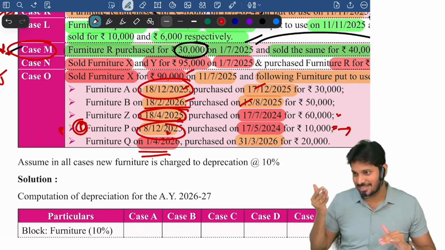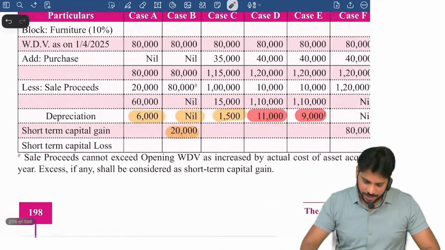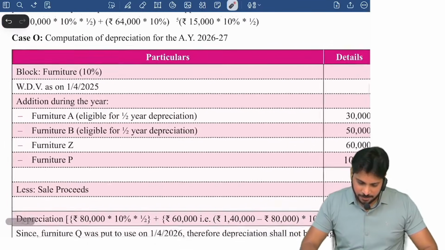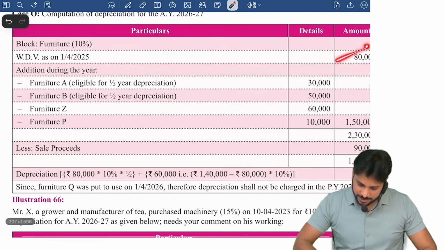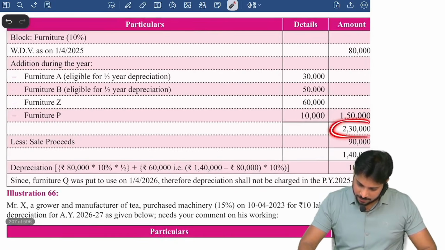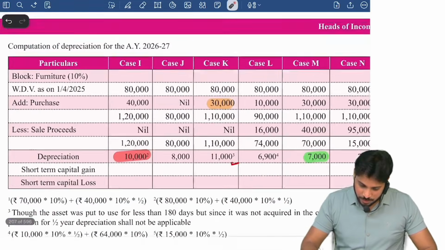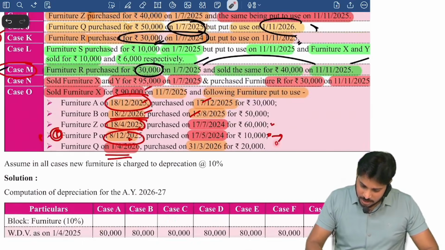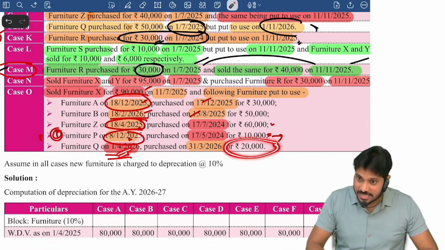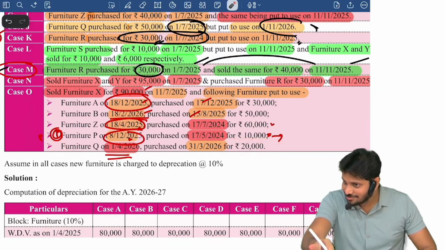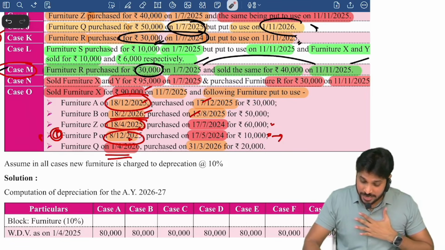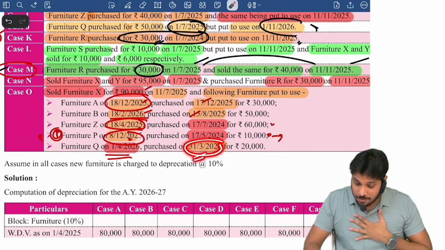Usage date is relevant. Now for O point, did they give breakup? Opening value they gave, yes or no? Gross block value 2,30,000. So which means this asset which is purchased during the year 20,000 but used in the next year, this was not added in the block. But in CA material, what we take, we add in the block based on purchase date.